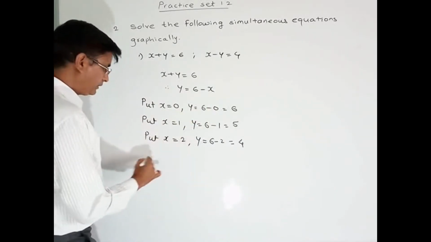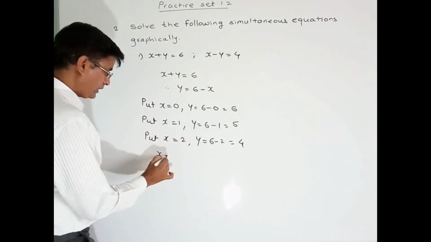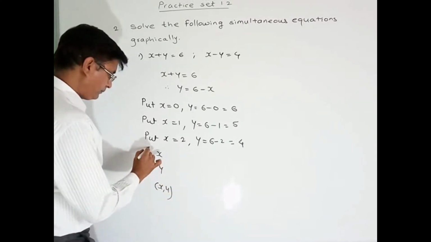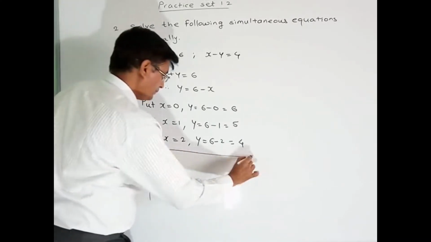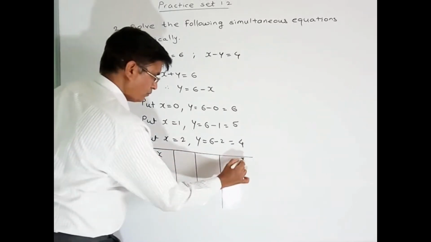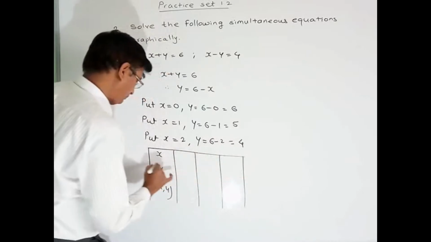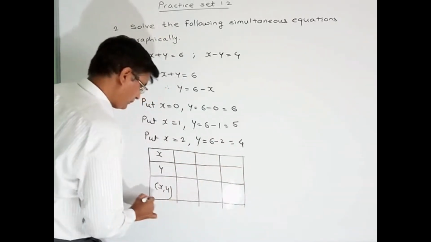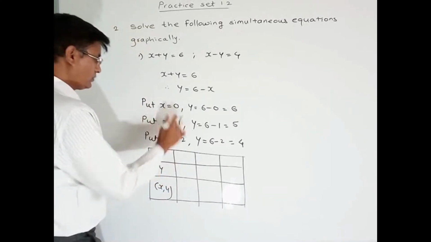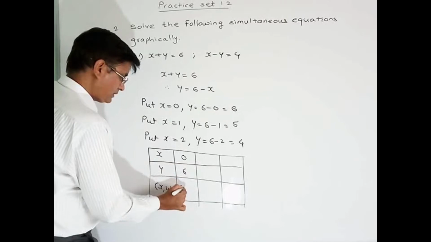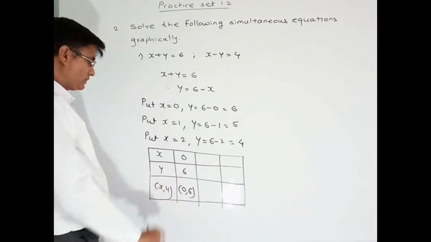I will make the table x, y, x comma y. So x is equal to 0, y is equal to 6. First ordered pair is 0 comma 6.